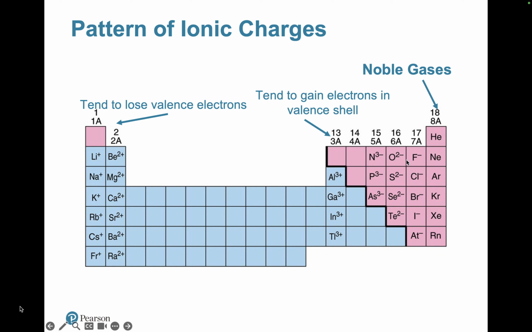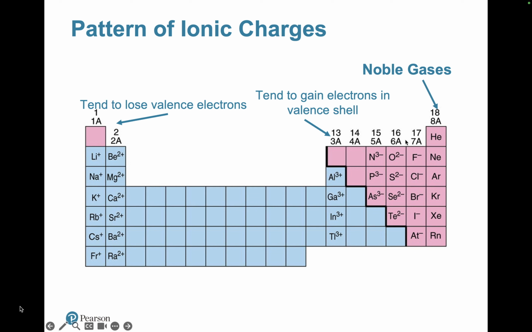So the easy way to figure out the charges for the non-metals, right? It's easy for the metals because the metals' charges are going to be the same as the group number. Whereas for non-metals, it's a little bit different. It's not hard though. All you have to do is know that 8 electrons are what all these people want, right?